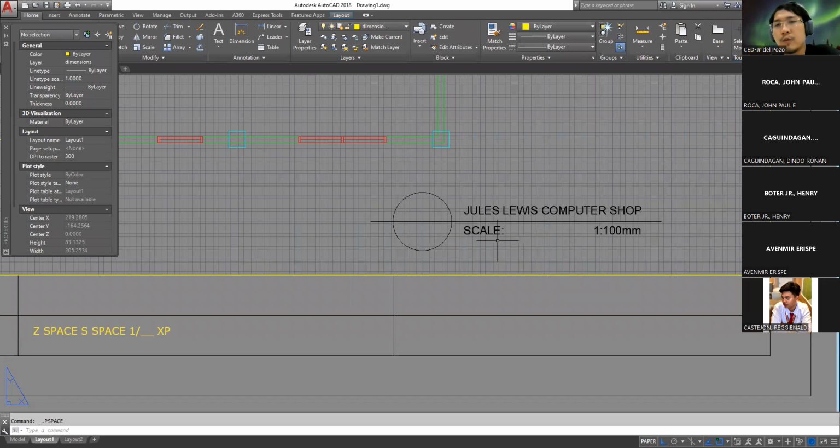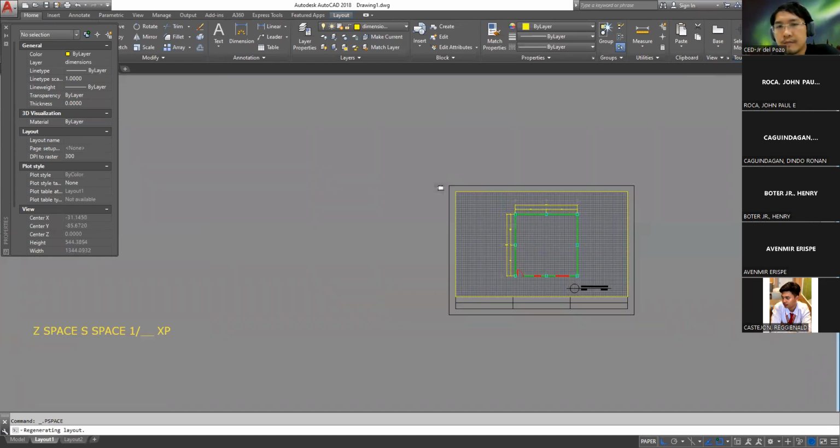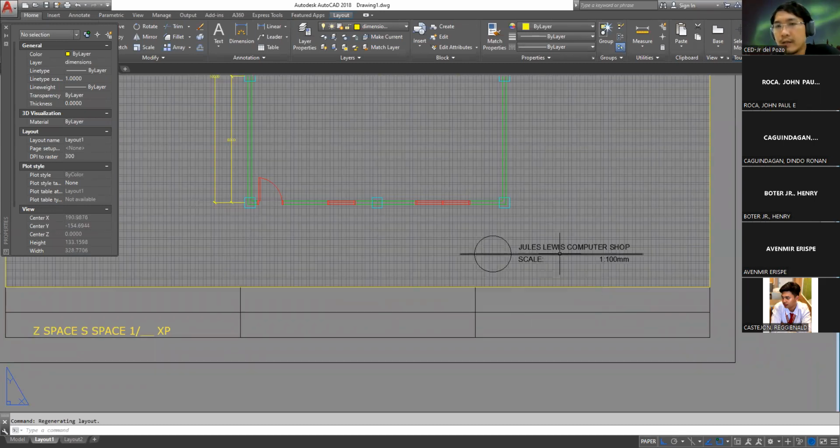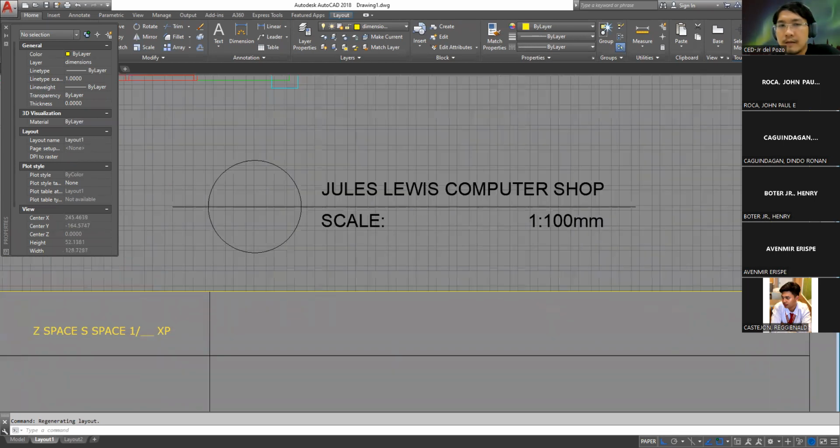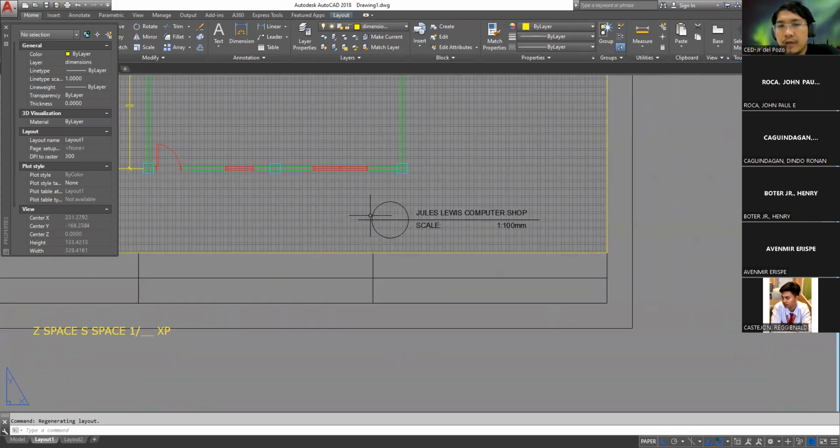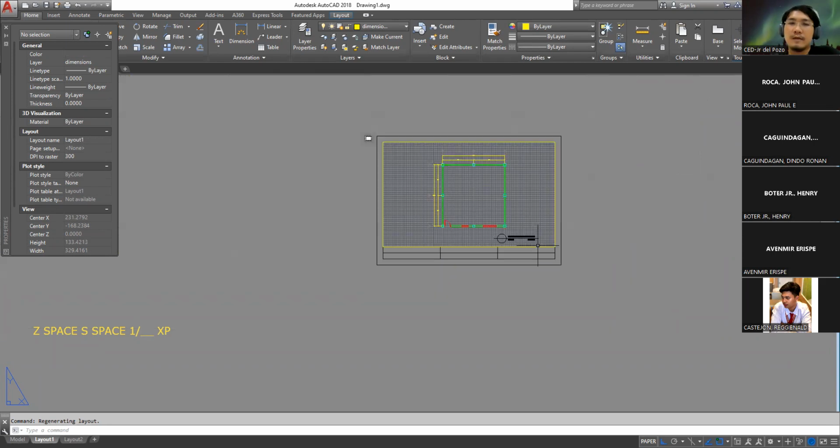So kung halimbawa nilagay nyo is 1:100, lagay nyo 1:100 mm. Okay? And then yung pangalan ng kwarto. Maglalagay kayo ng bilog and then line sa gitna and then the text yung pangalan ng kwarto or pangalan ng bahay. Halimbawa, si Henry's house. Tapos ang scale is 1:1 ganyan. Okay?